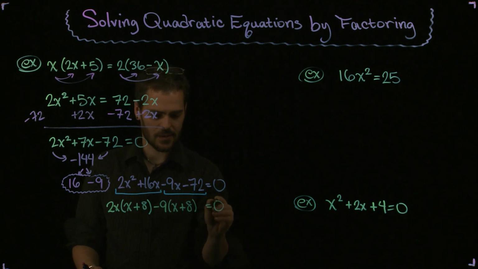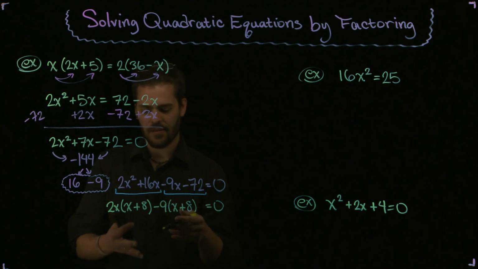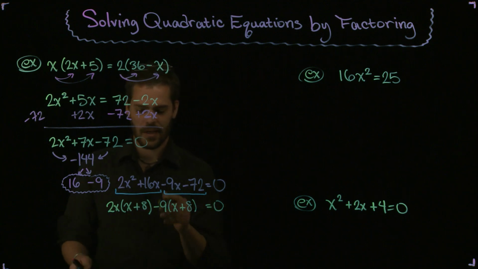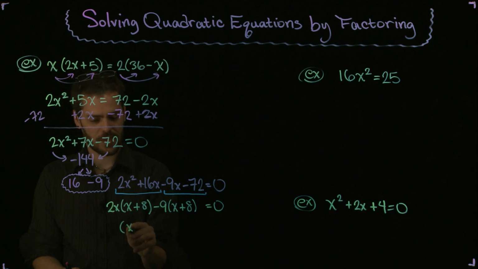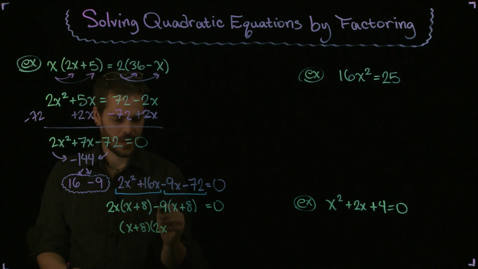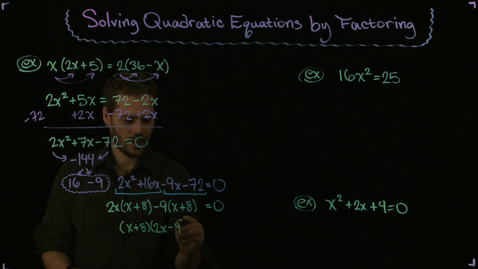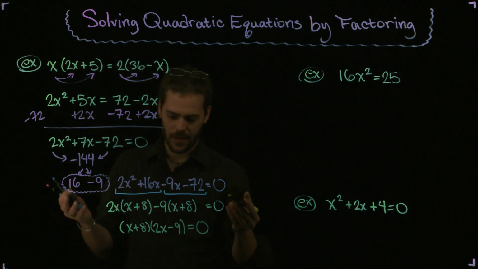All of that is still equal to 0, but this is not helpful yet because I have that minus sign. I need everything multiplied together to equal 0. That's okay. We're going to take one more step by factoring out the x plus 8. And what remains that it was multiplied by is 2x minus 9. Remember, this is what I call method number 2.